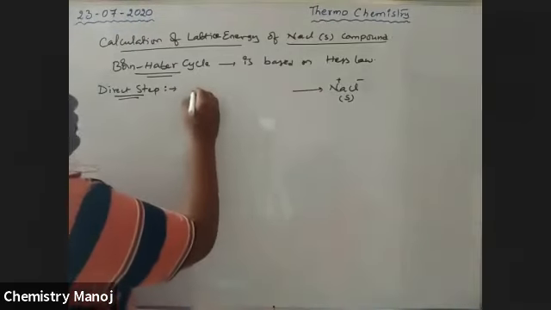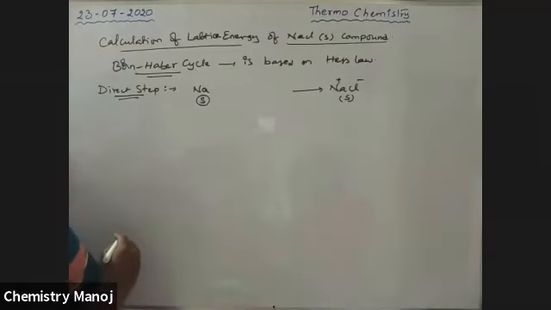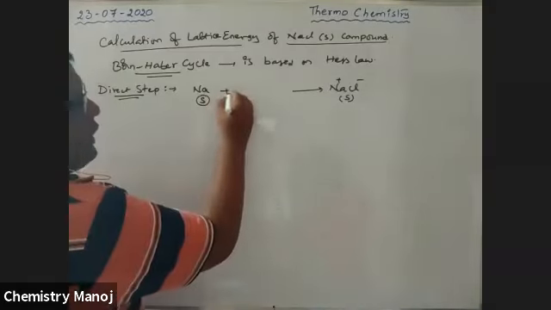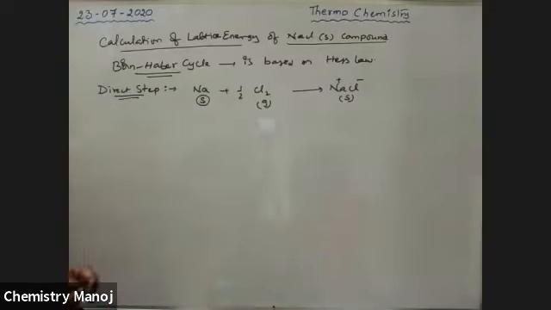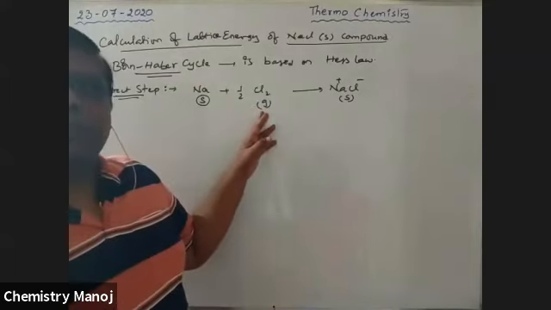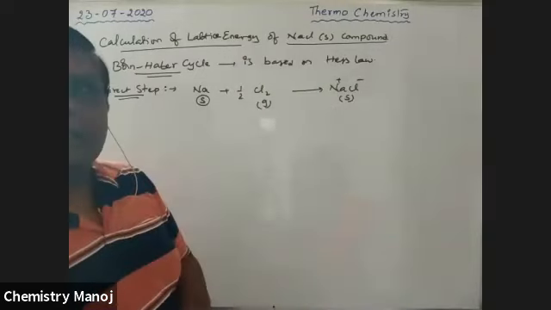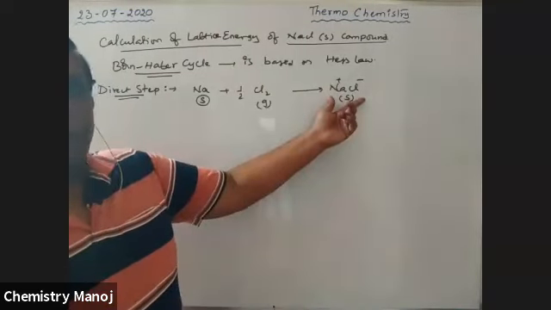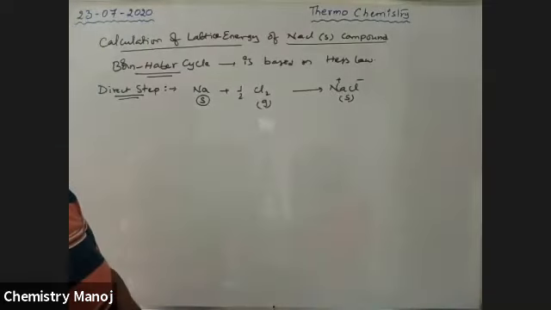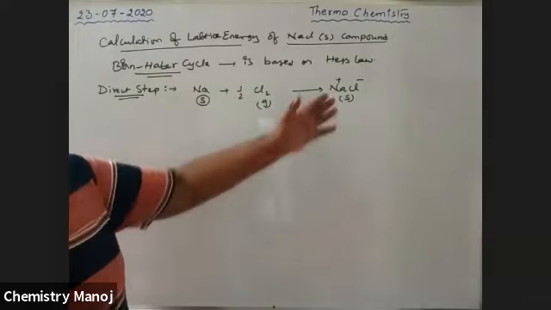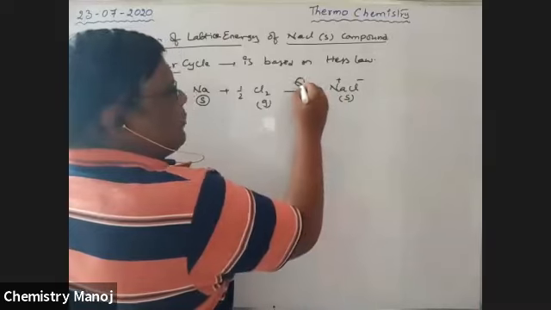In nature we have solid sodium, and in nature we have chlorine gas. So chlorine reacts with solid sodium to form 1 mole of NaCl, that is, the compound from its elements in their standard state. Now some heat energy will be released, which is called the heat of reaction, represented by QR.